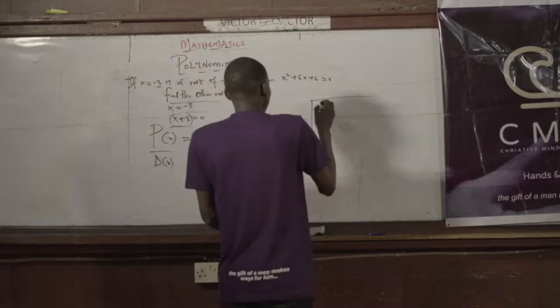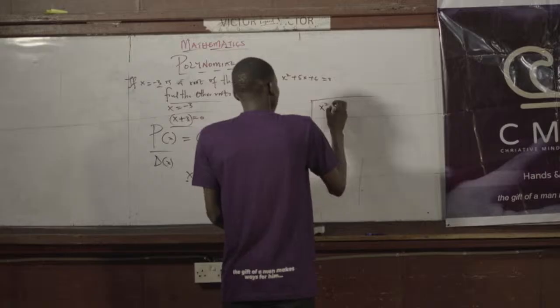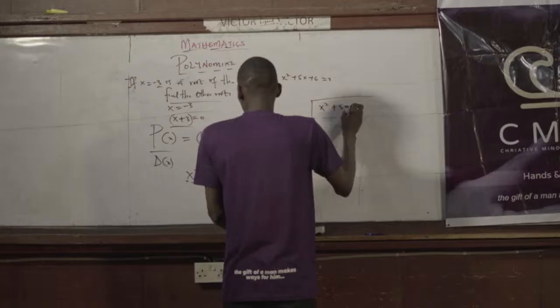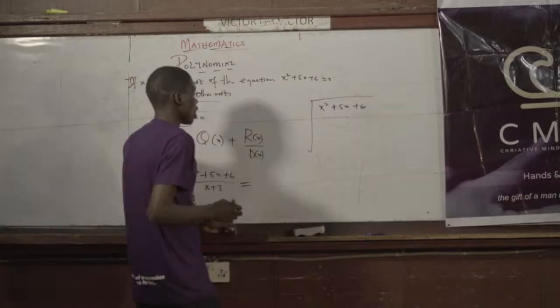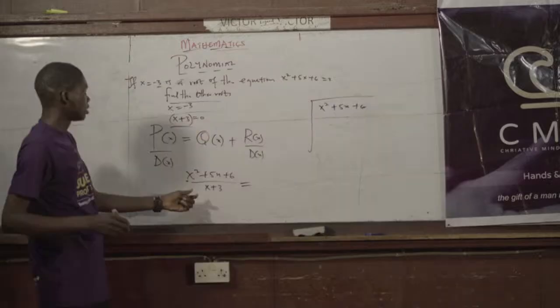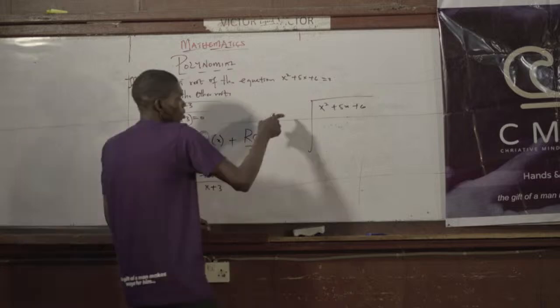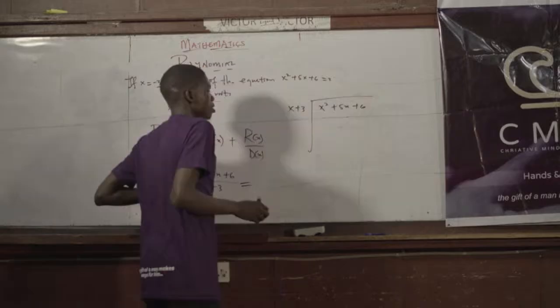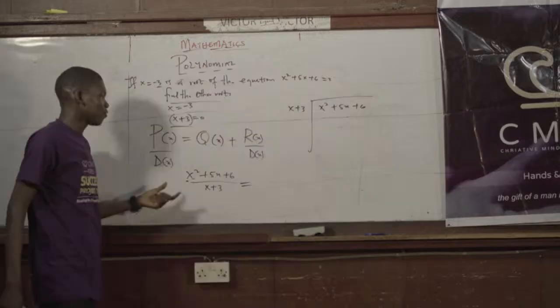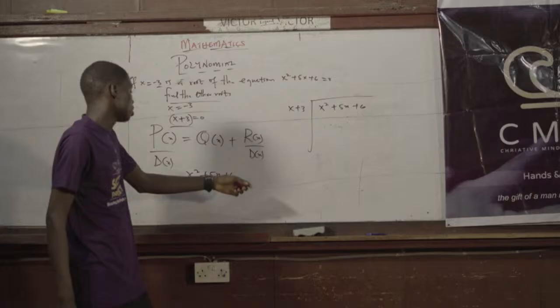That is x squared plus 5x plus 6. And what we are dividing it with, which is the divisor, we are going to place at this point. That is x plus 3.